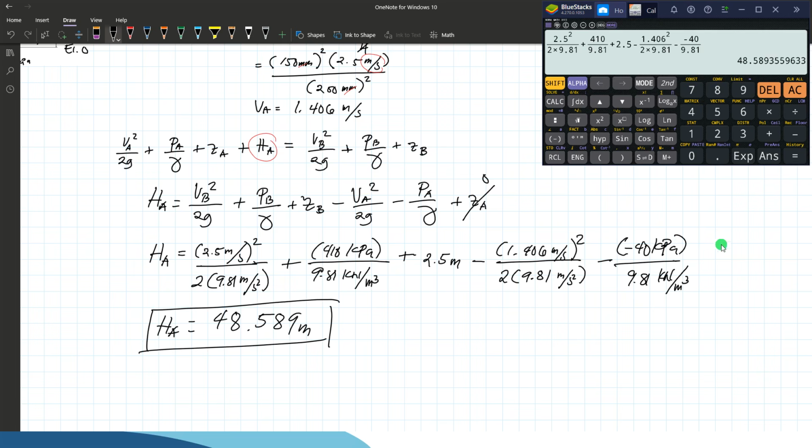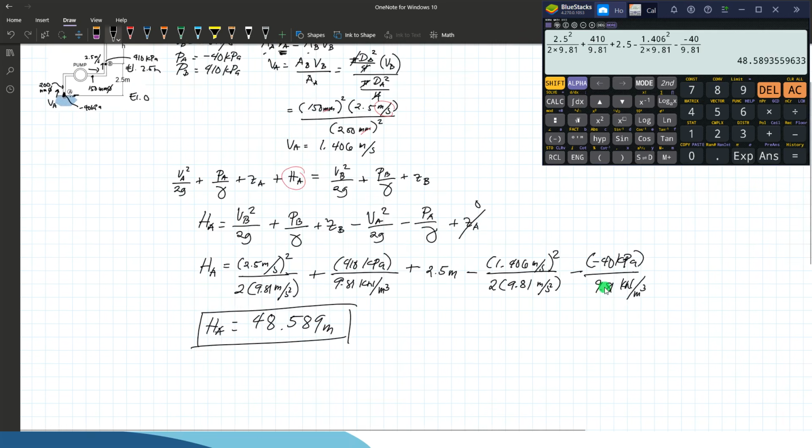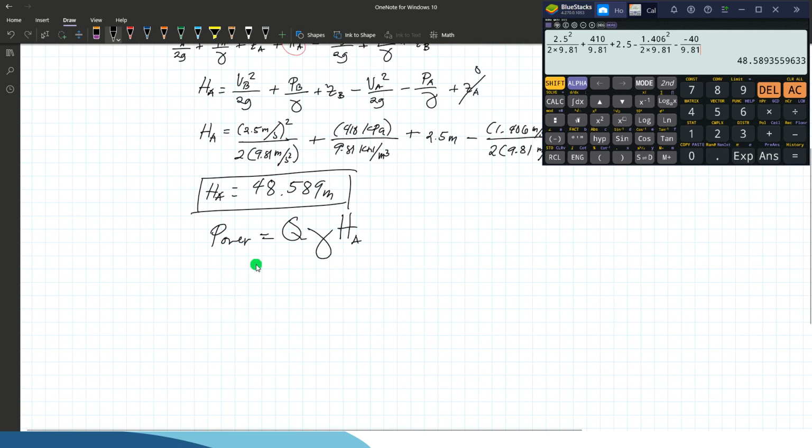So from the head, we can now compute the power of the pump. The formula is Q gamma H. The unit that we are going to compute here is in watts, because we are in SI units.